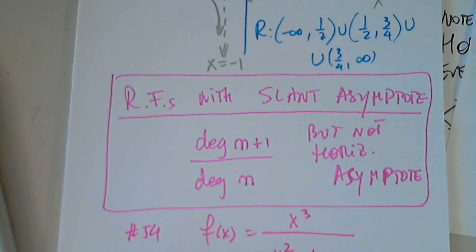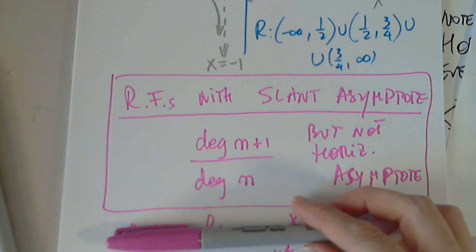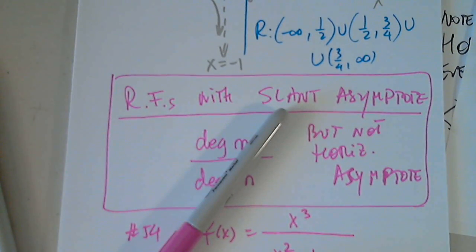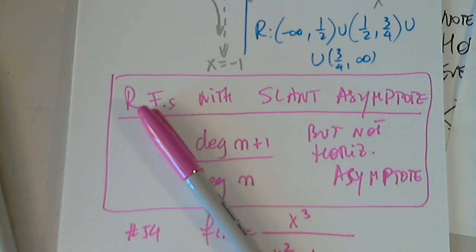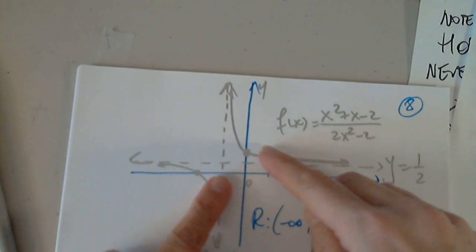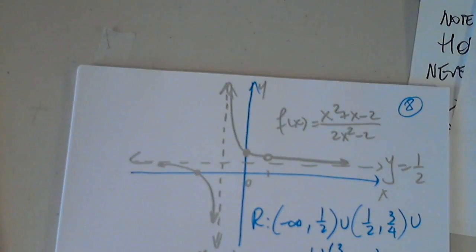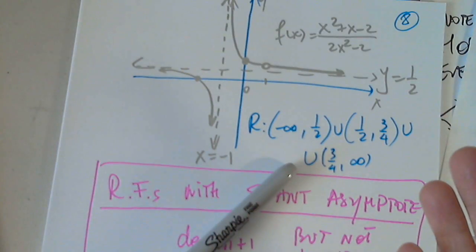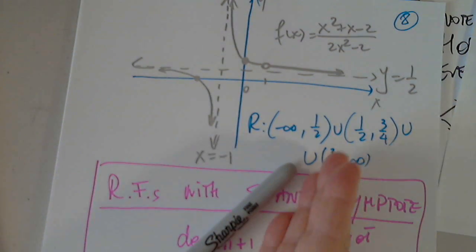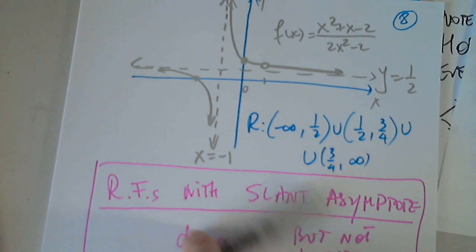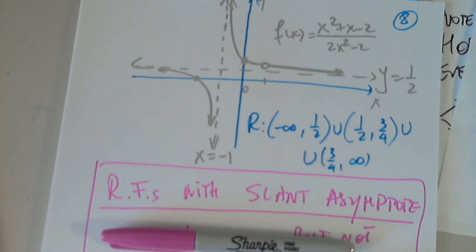So what does the slant asymptote mean? It's not horizontal. It's slant. Either like this or like this. And of course, the function, like with the horizontal, will follow the asymptote eventually. So this time, if the function has a slant asymptote, the function will follow the asymptote at infinities, like it would for a horizontal.